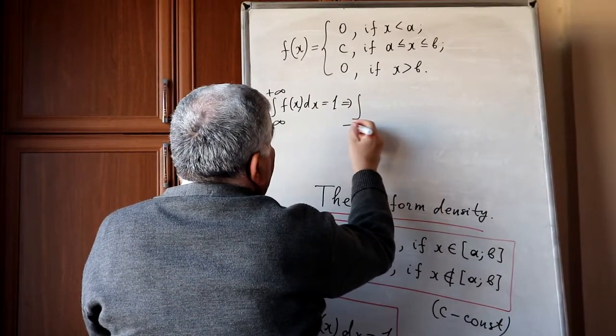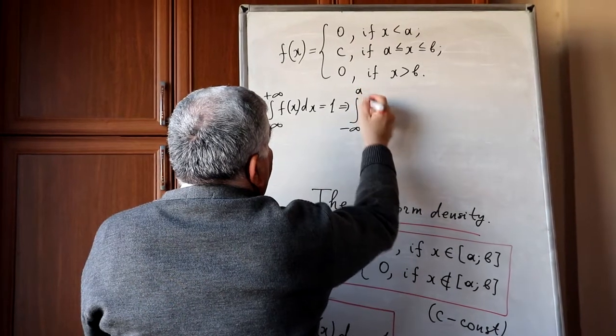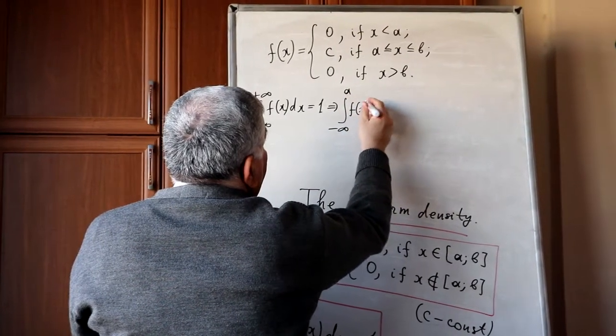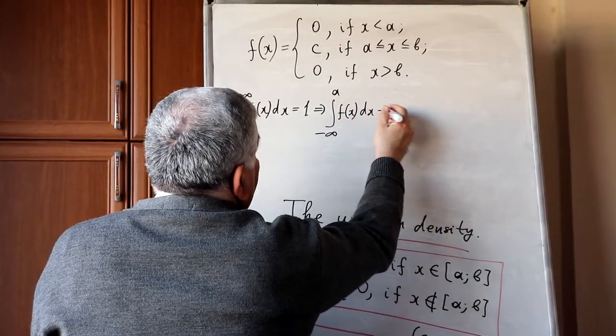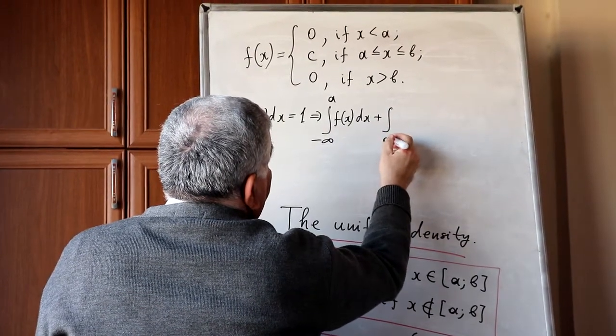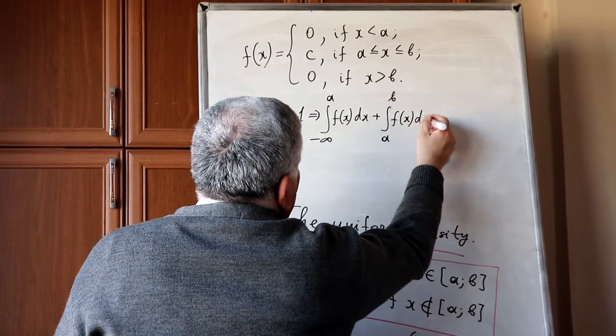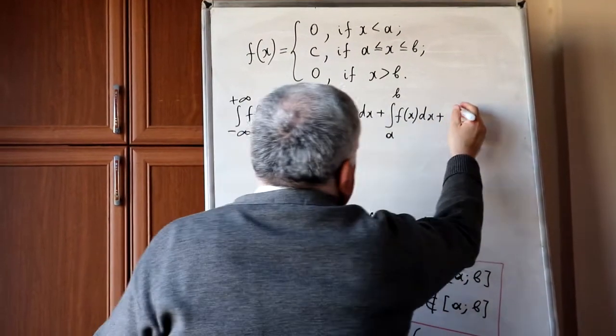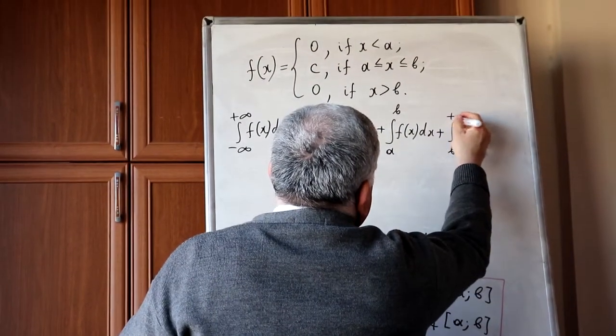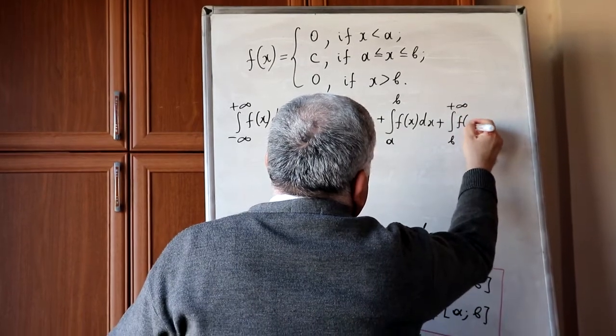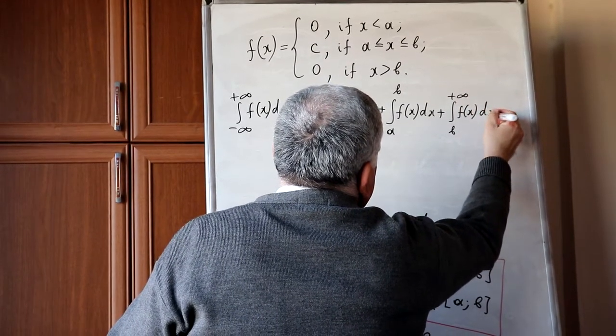Integral from minus infinity to a f of x dx plus integral from a to b f of x dx, and plus integral from b to plus infinity f of x dx is unit.